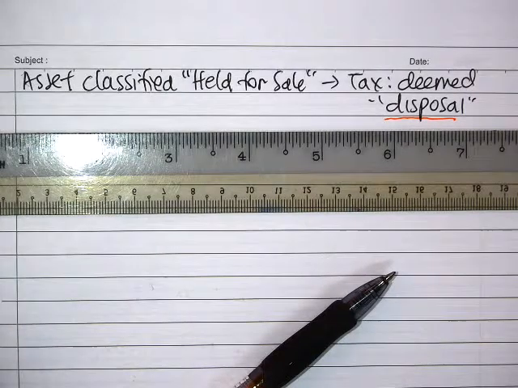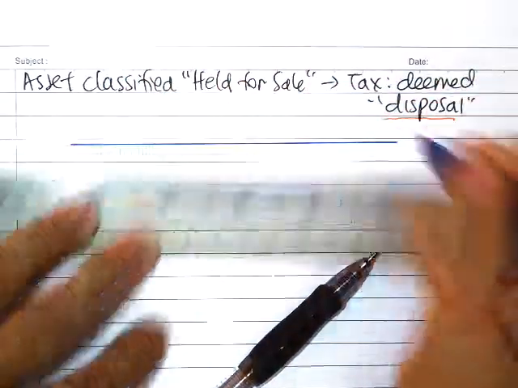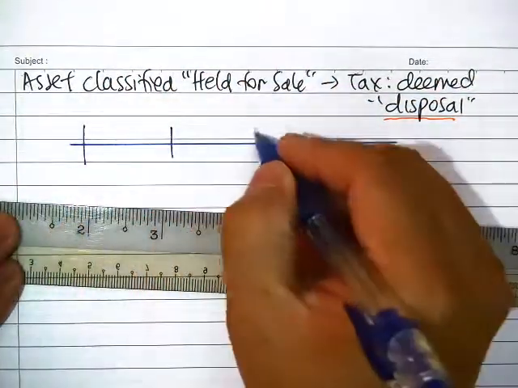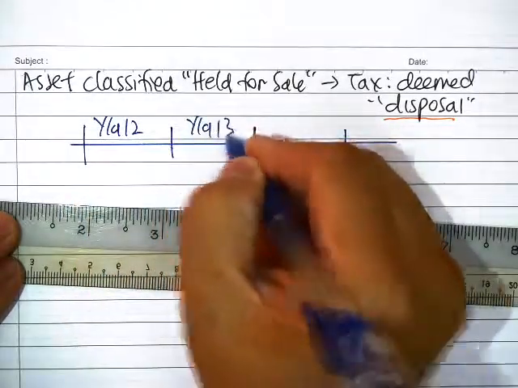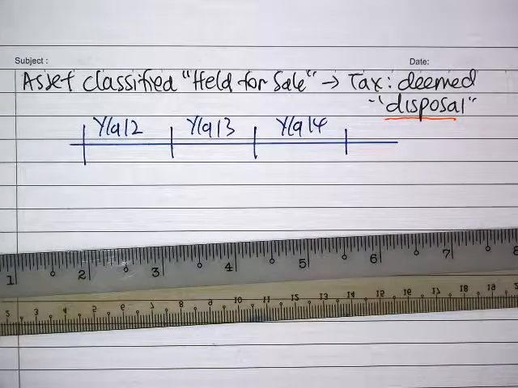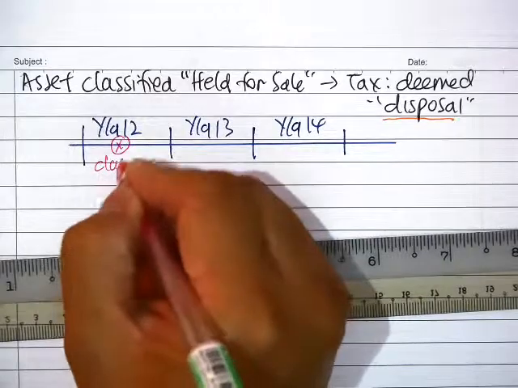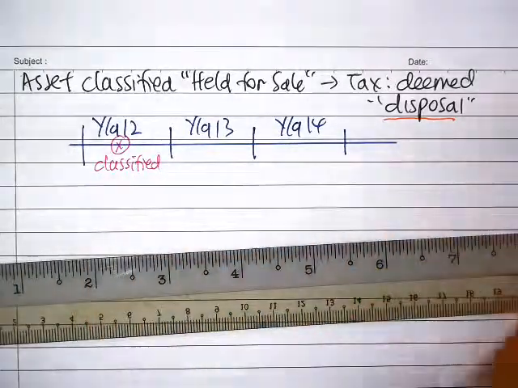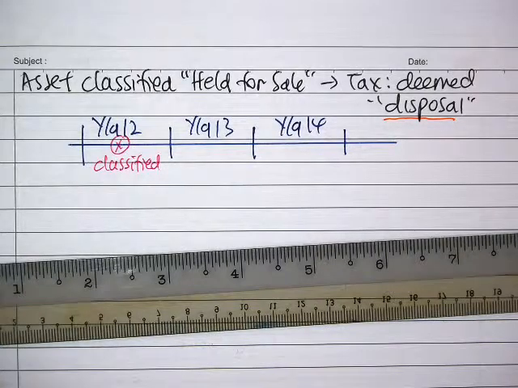Now, the issue can be like this. Maybe in YA12 we classify.